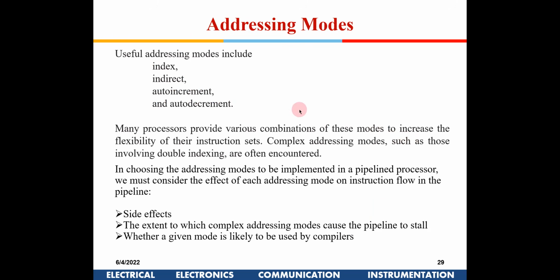Okay, so now coming to address modes, right? In complex instruction sets, you have indexed addressing, indirect addressing, auto incrementing, auto decrementing. All of these will take different times, and hence, when you have complex addressing modes, they affect the pipelining.